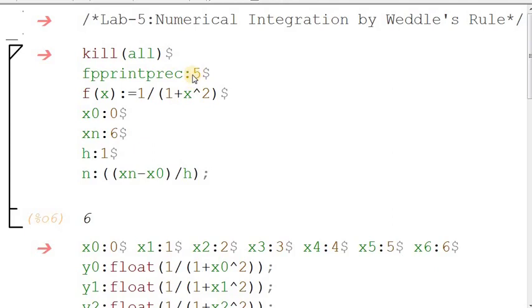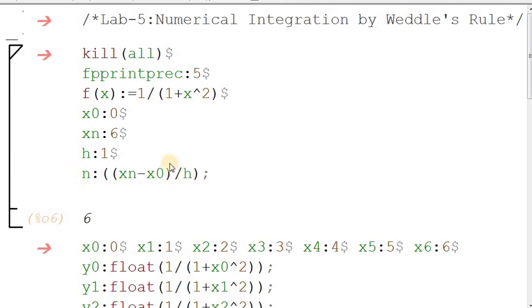We have to integrate the function f of x equals 1 by 1 plus x square, from x0 equal to 0 to xn equal to 6. So the integration from 0 to 6 of 1 divided by 1 plus x square is the function given to us to integrate. I have taken h as 1.